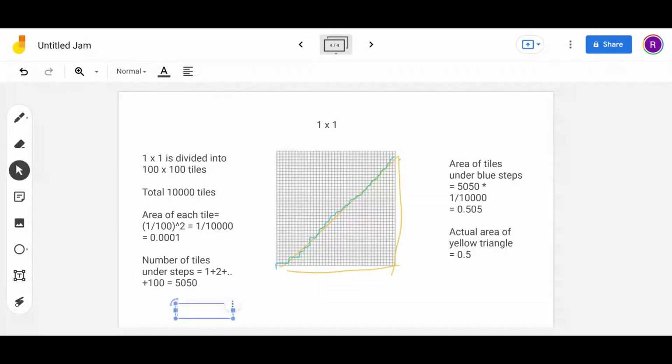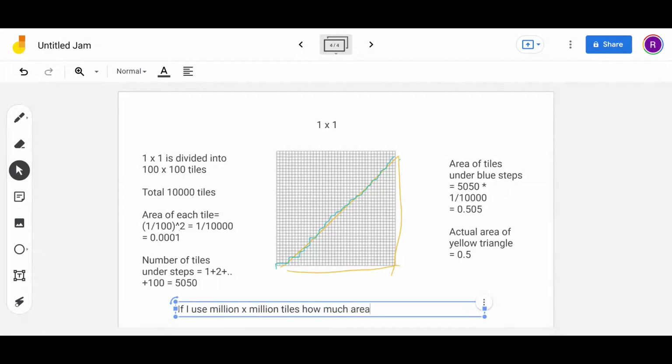If I use million by million tiles, how much area under the blue steps? Can someone tell me?